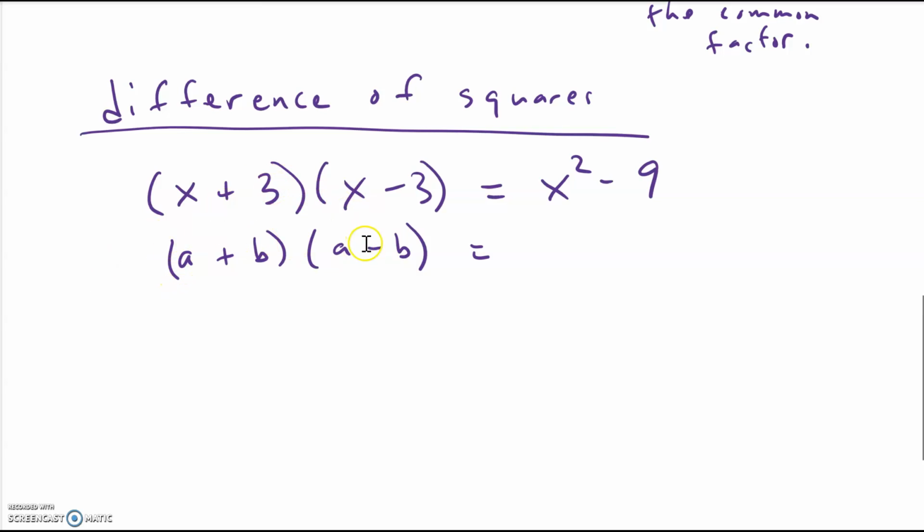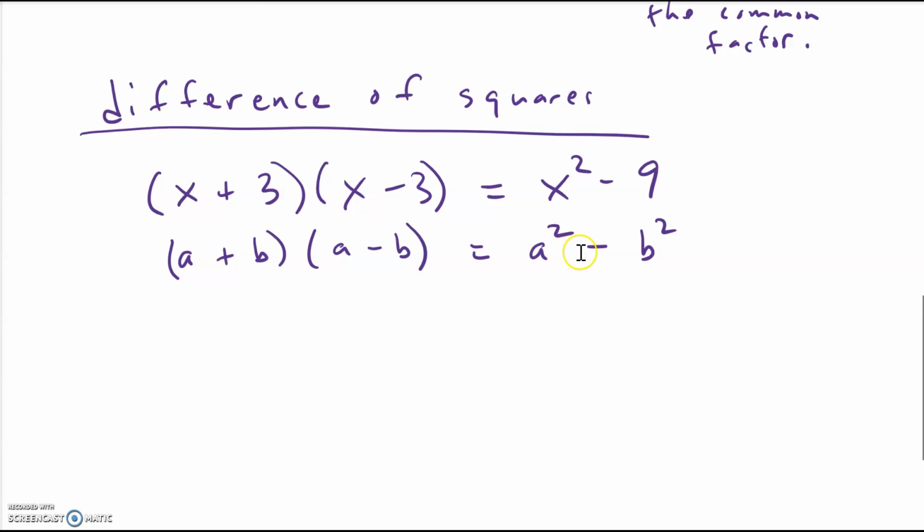So a times a is a squared, and then you put a minus in between, and then b times b is b squared. When you learned about this earlier, you could think of it as a handy shortcut, because you don't have to use it. You can do it the long way and cancel the 3x's out, but it's just a shortcut. You square the first term, square the last term, put a minus between.